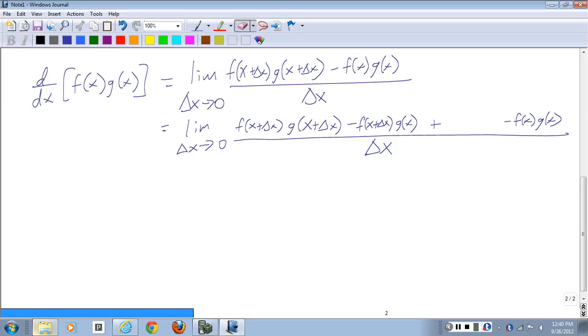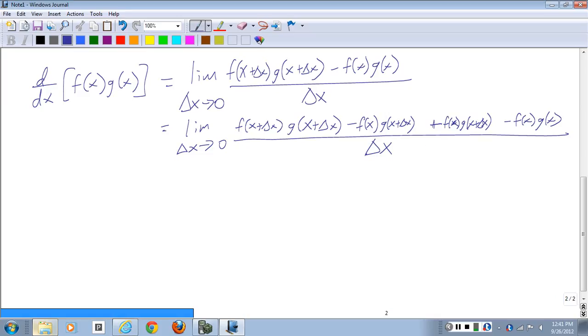Sorry, reverse that. f of x, g of x plus delta x, plus f of x, g of x plus delta x. There we go. You're adding and subtracting the same thing? Yes. Subtract it, add it. So I'm not changing the value of the numerator.